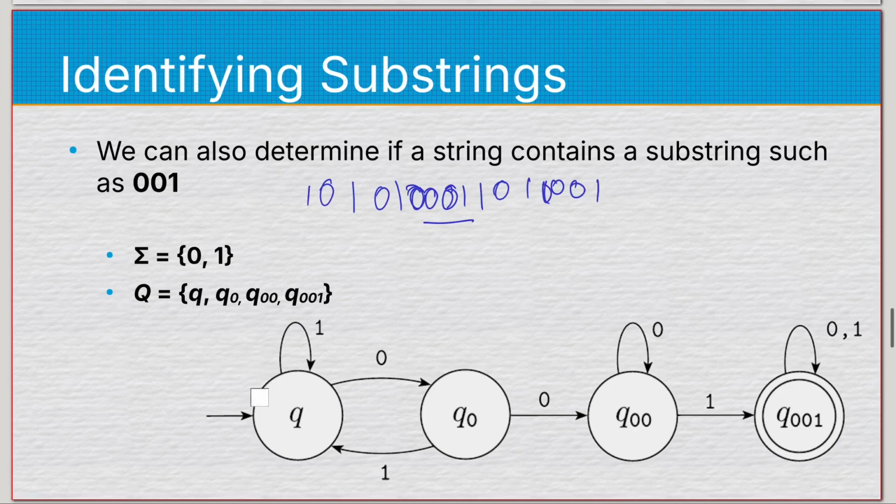That's where these loops come into play, like this 0, 1 loop going on right here, and any number of zeros here. We only care about counting this 0 and this 0 because we need these 2 zeros. And once we have those 2 zeros, then we can count any number of zeros right here, because once we have 2, as long as we get a single 1, we should be fine.